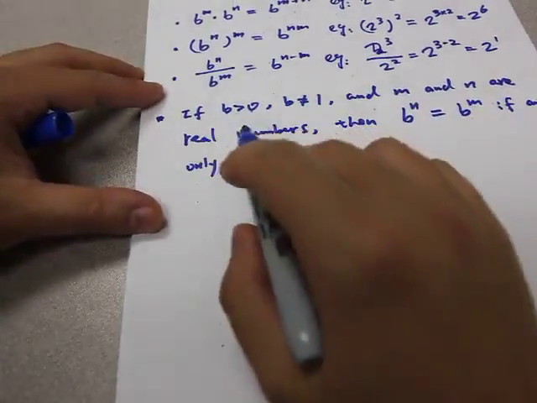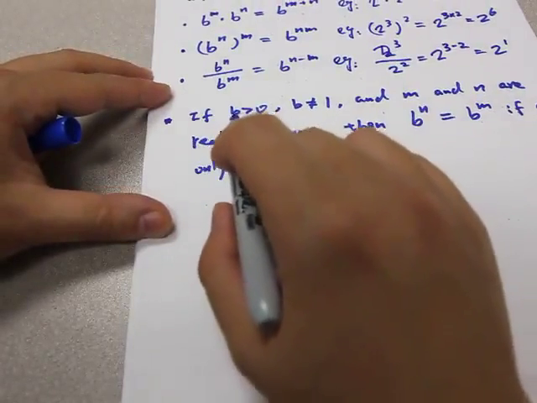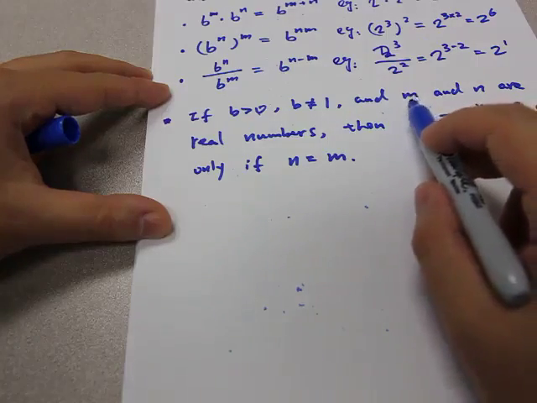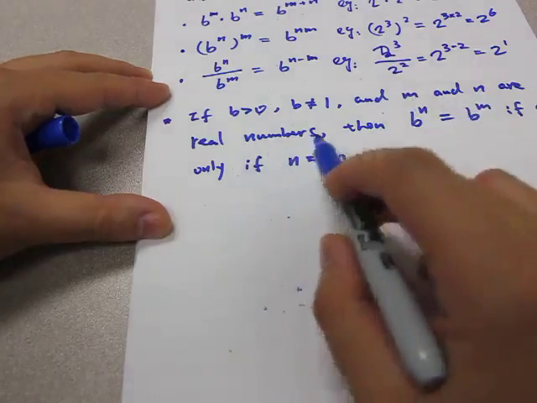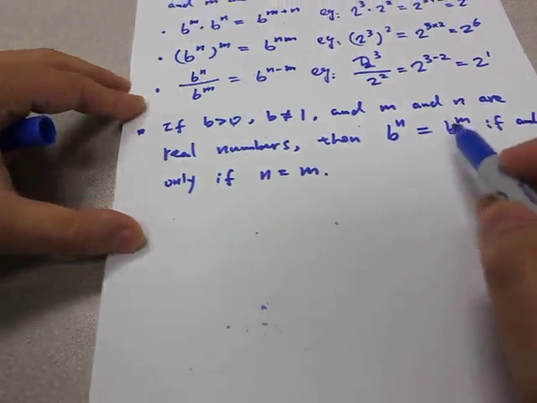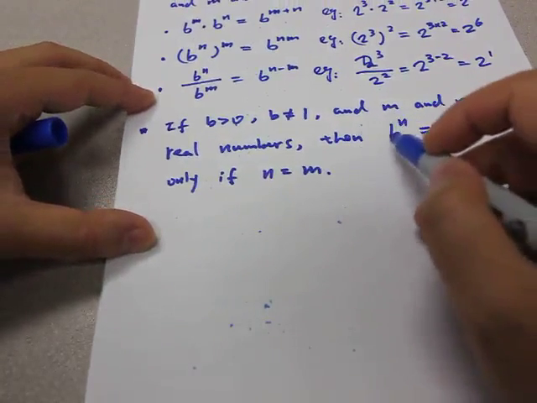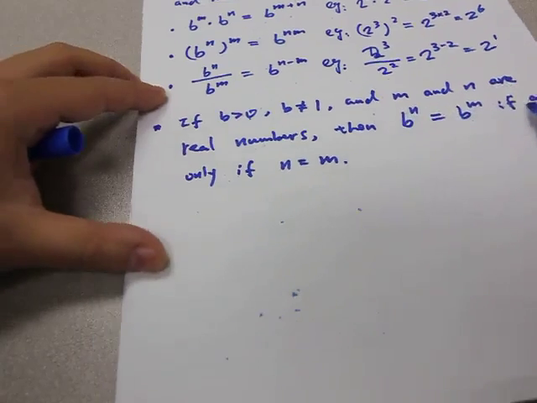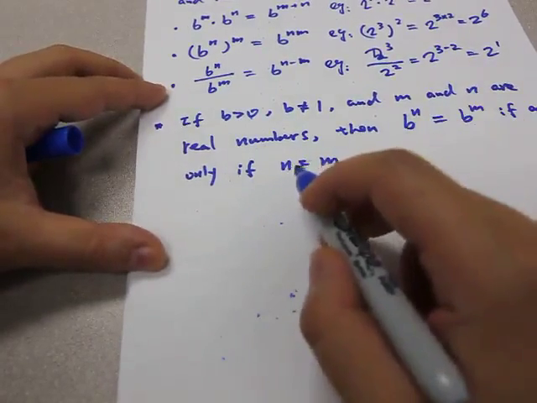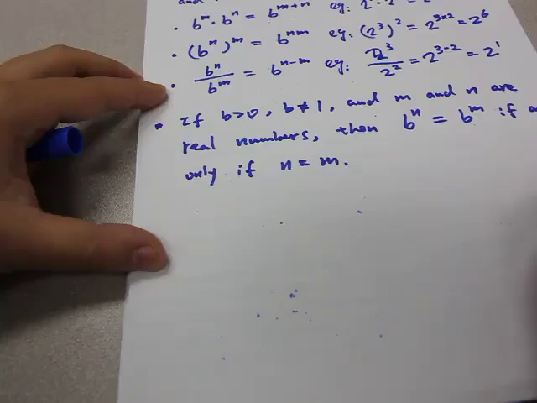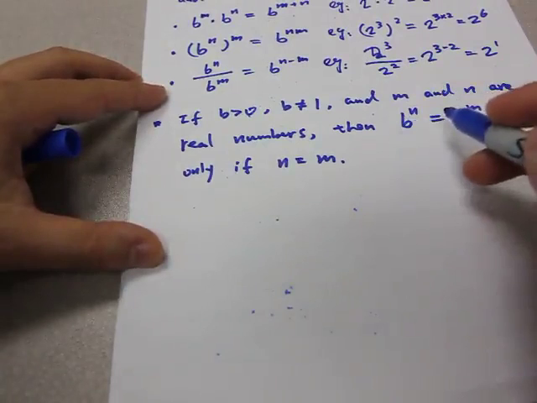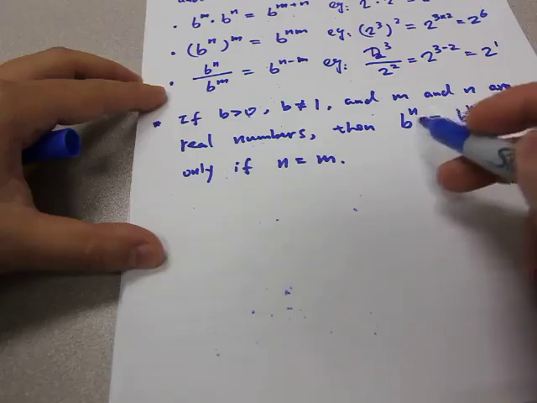This property says if the base b is a positive number and is not equal to 1, and m and n are two real numbers, then if we have this equation, b raised to the n equals b raised to the m, if and only if n and m are the same numbers. So this is a very important property, and it's very useful when we solve exponential equations.